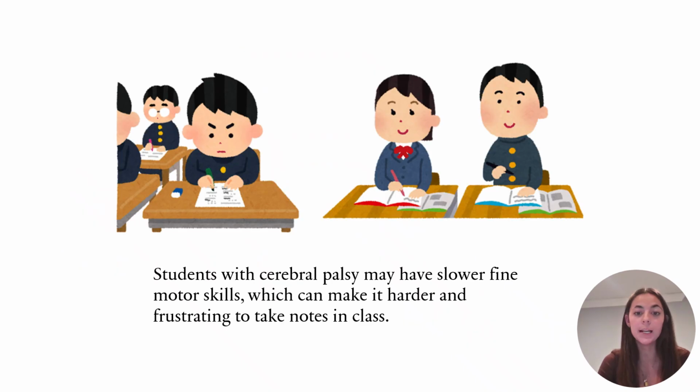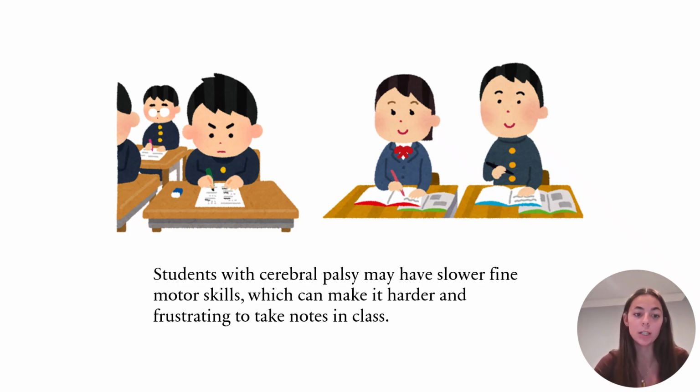For my second accommodation, I have students who are enjoying taking their notes and can keep up very well and seem to be happy. Then I have the cerebral palsy student who looks like he's struggling with his notes and seems frustrated. Students with cerebral palsy may have slower fine motor skills, which can make it harder and frustrating to take notes.